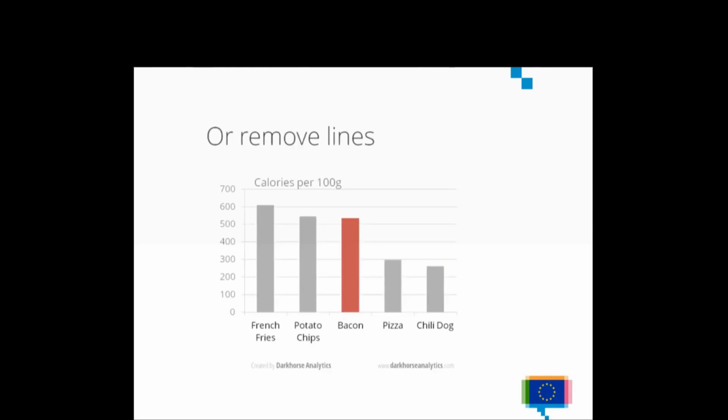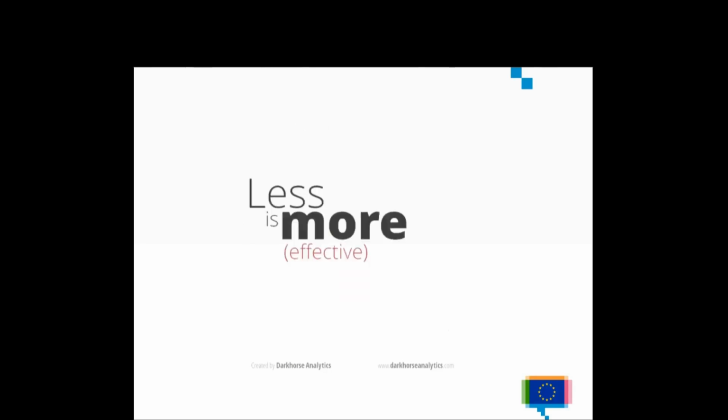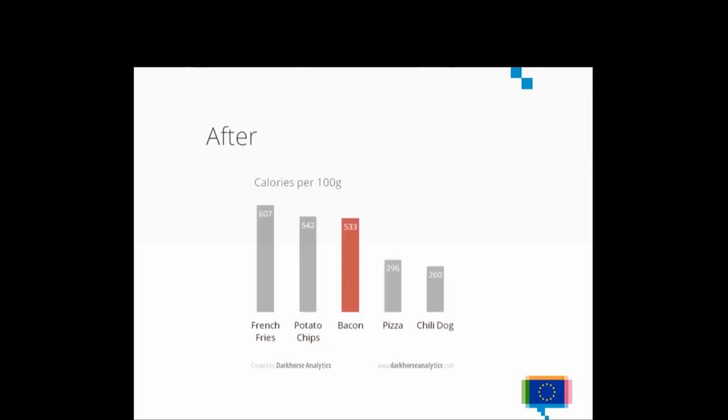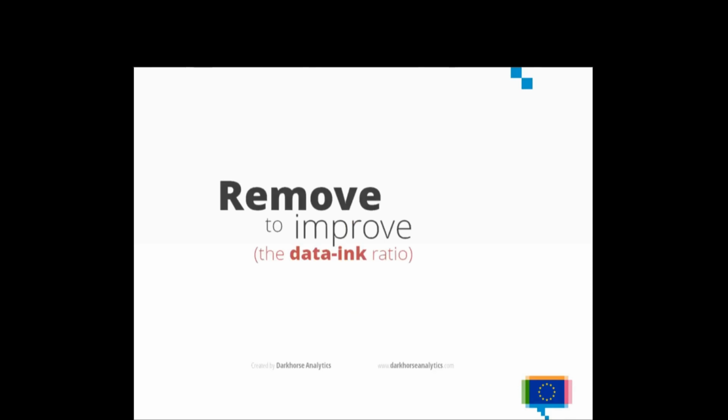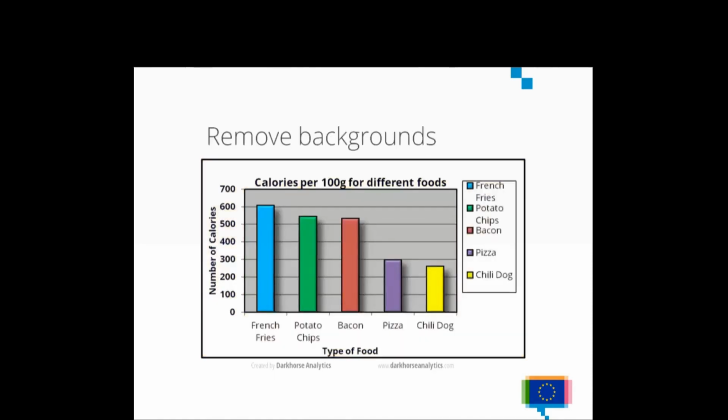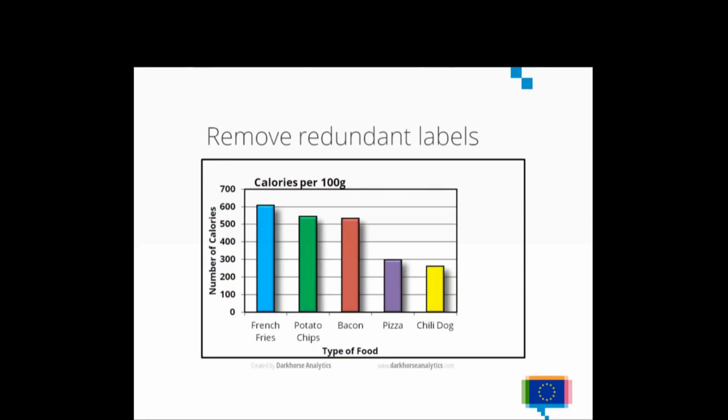And as you'll notice, we'll end up with something that's very minimalistic, but quite effective. The final result is a chart that people will have no trouble interpreting, reading the values and comparing the values.